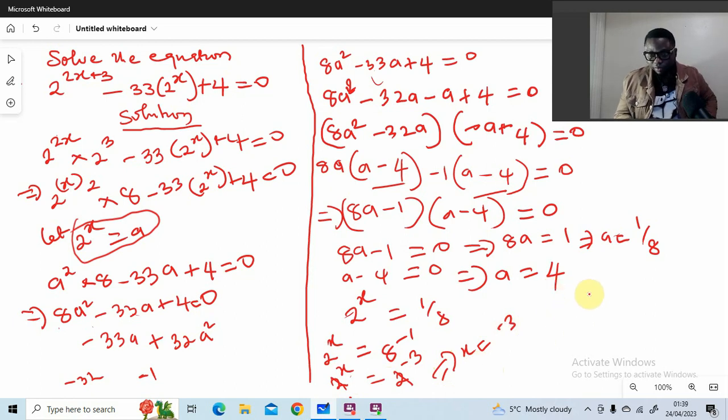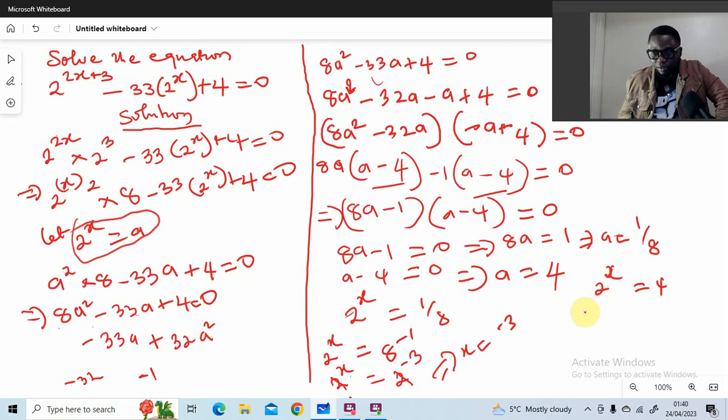I'm going to do the same thing with 4. Recalling this as well, for 4, 2 exponent x is equal to 4. And you know that you are going to make 4 have the same base as 2 in order to find the value of x.